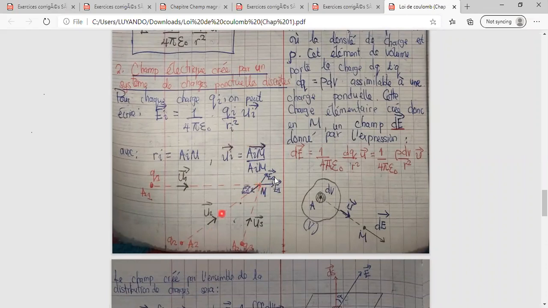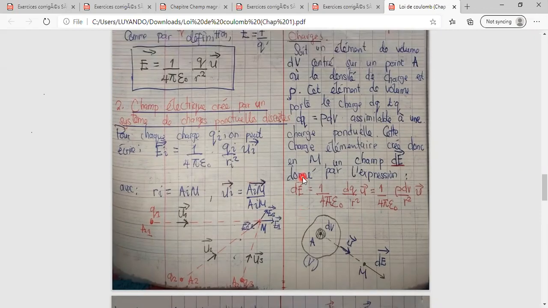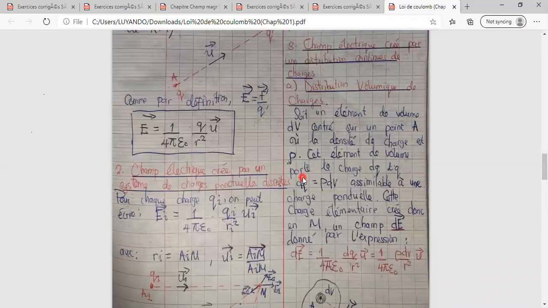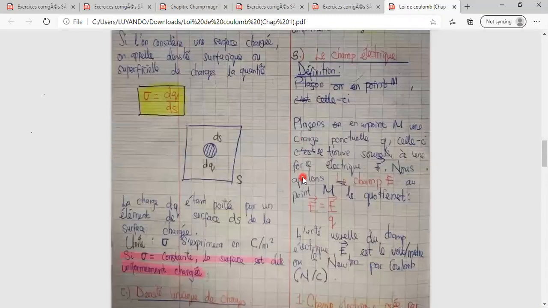That's why E2 is coming in this direction, E3 is going that direction, and E1 is moving that direction. E2 is moving in this direction simply because Q2 is negative, and we know that forces for negatively charged particles are towards the charge, so the field is in the same direction.